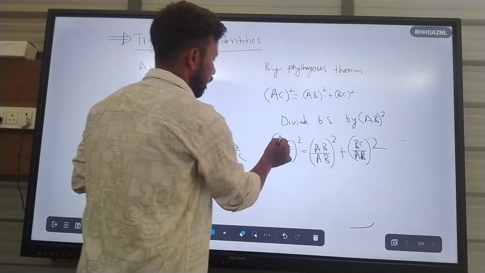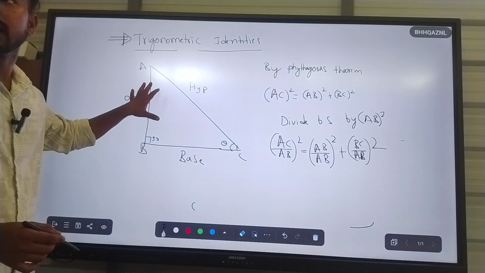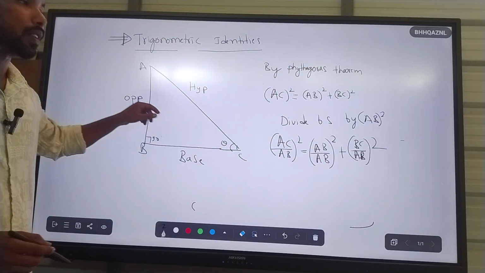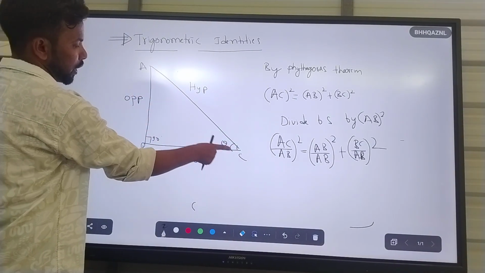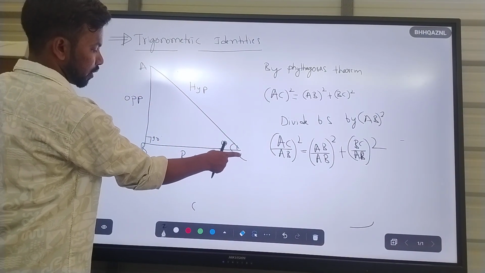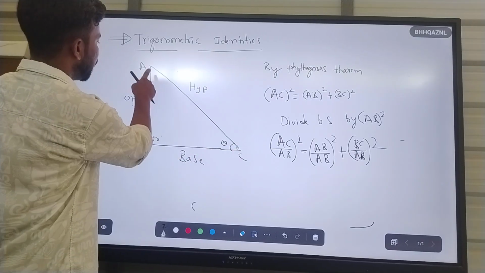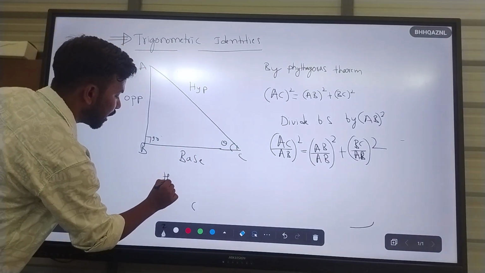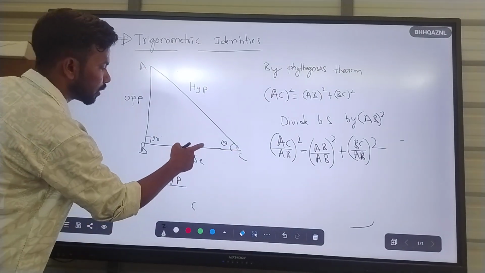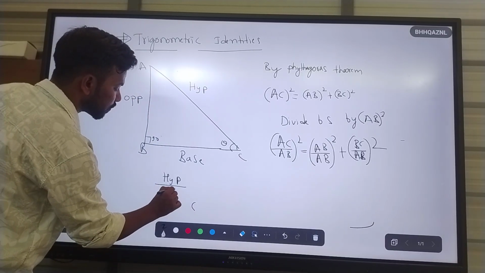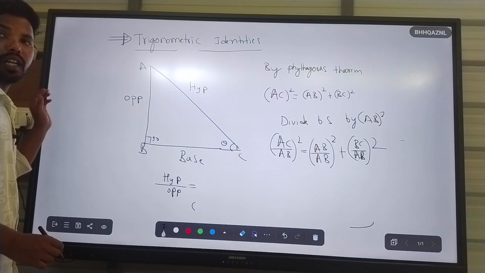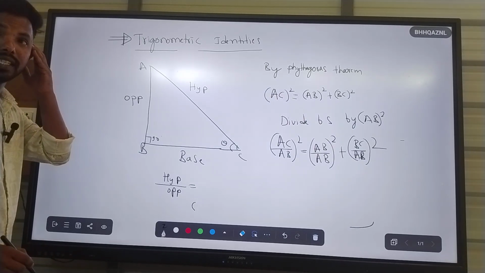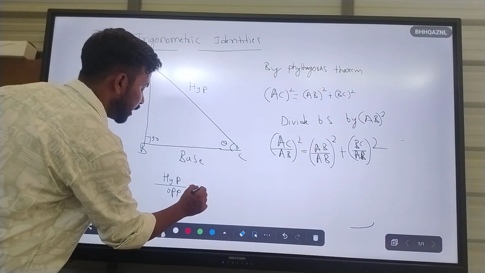Now from this right-angled triangle, what is AC by AB? AC means hypotenuse. Hypotenuse by AB means hypotenuse by opposite. Which formula is that?